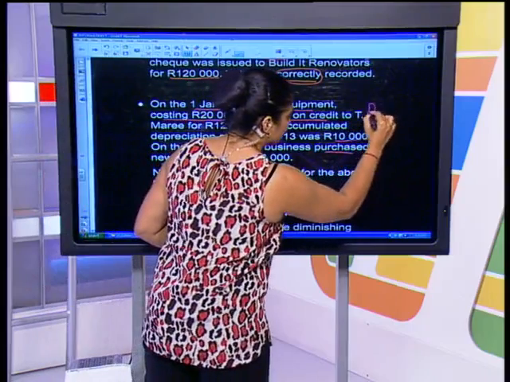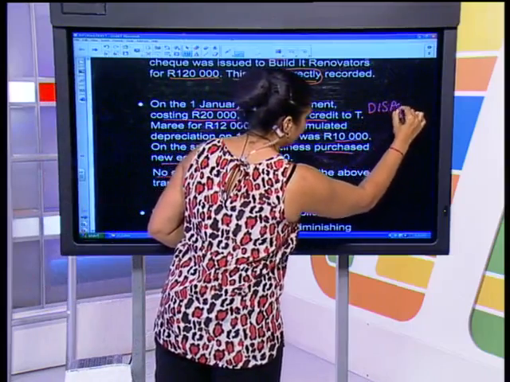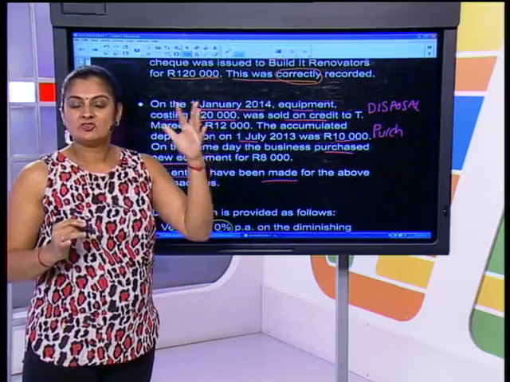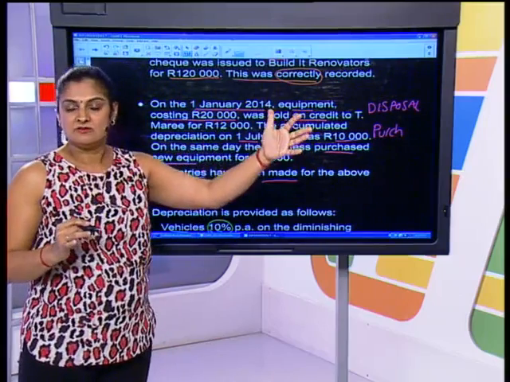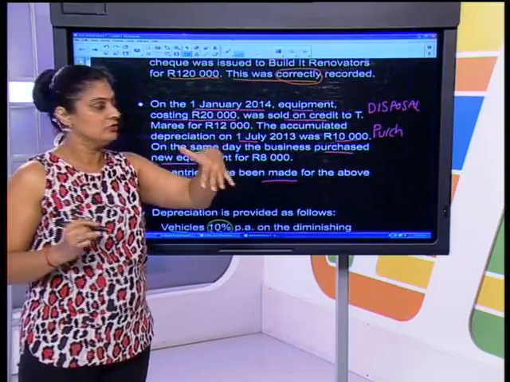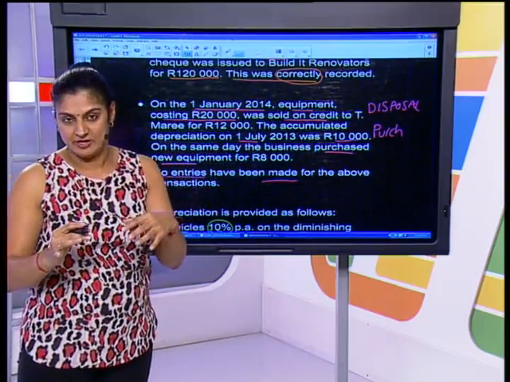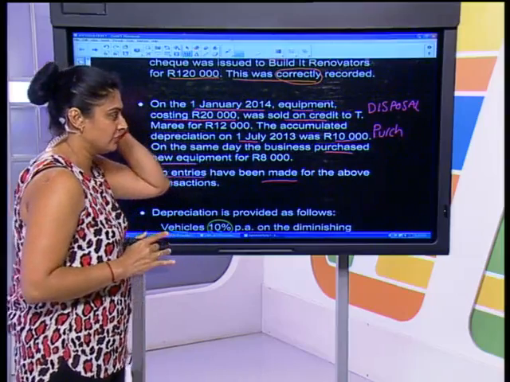Okay, right, now a lot is happening in this additional information, guys. We've got a disposal, where we've obviously sold equipment, and we've also got a purchase where we decided to buy new equipment. Now remember, guys, always try to deal with either the disposal first or the new purchase, but not both at the same time. I'm sure you guys know what I'm talking about.